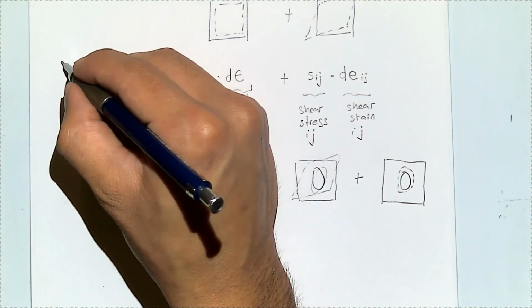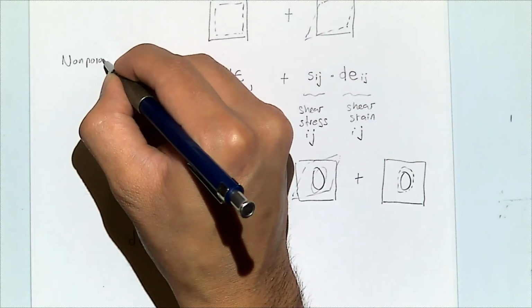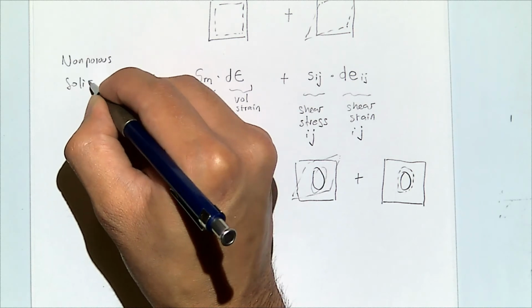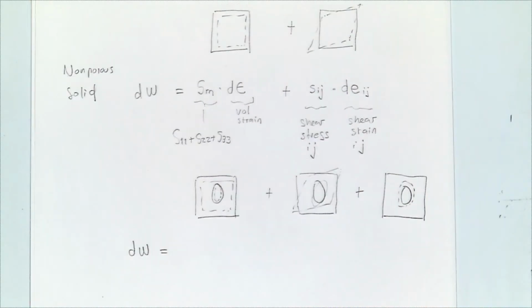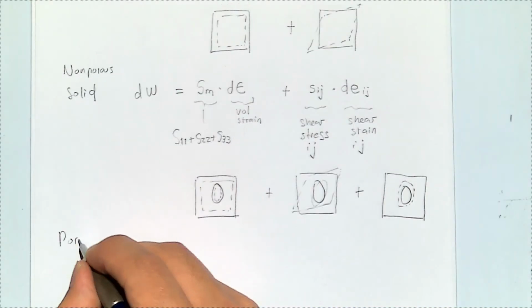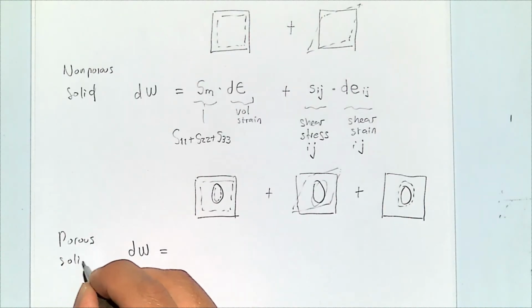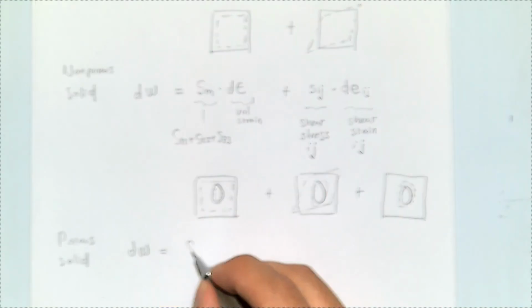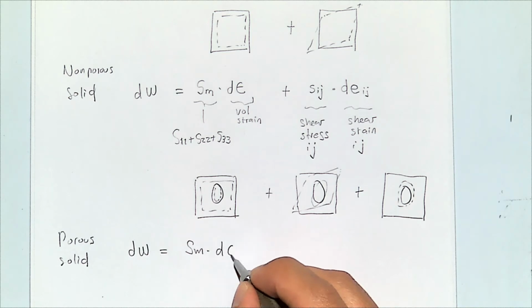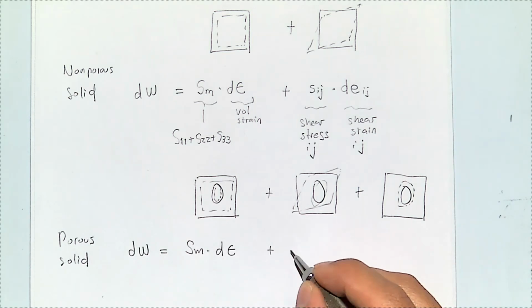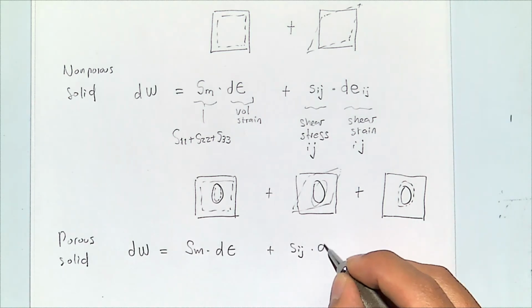this would be a non-porous solid. This is going to be a porous solid. I'm going to have this component. I'm going to have this component too.